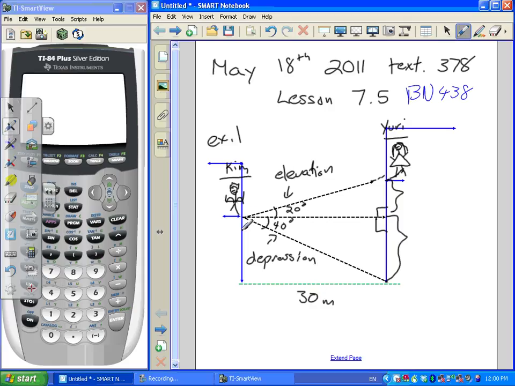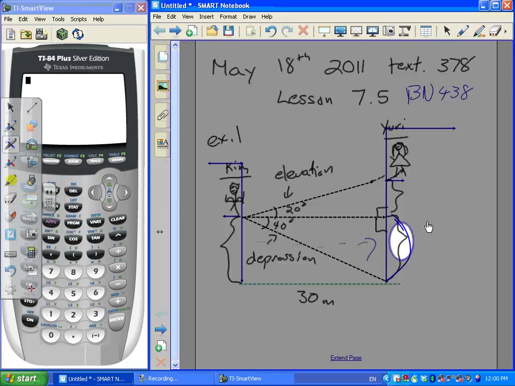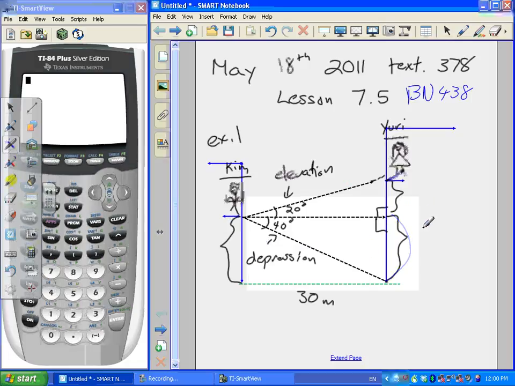They also want to know the height of Kim's balcony. So, luckily, Kim's balcony, this height over here, is going to be the exact same as this height we have right here. So all we have to do is solve for this side, and we'll have how high Kim's balcony is off the floor.